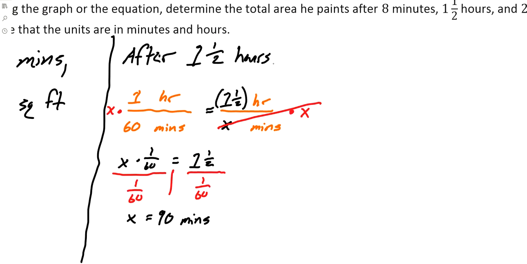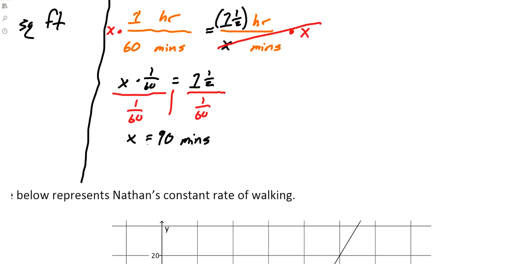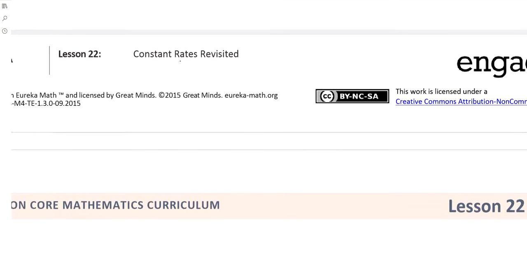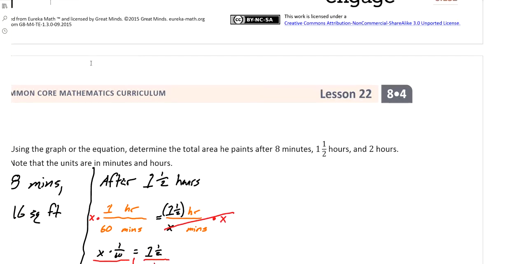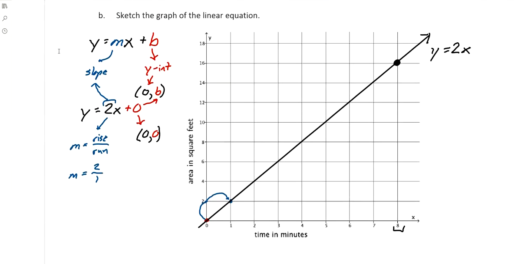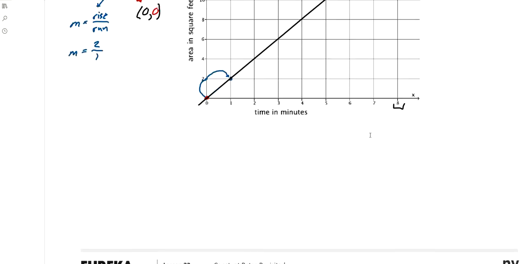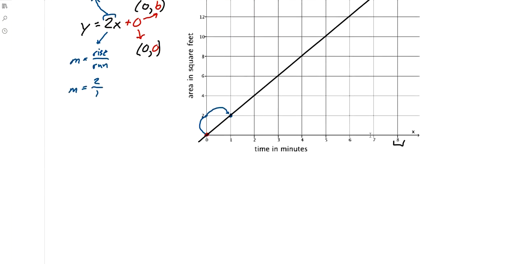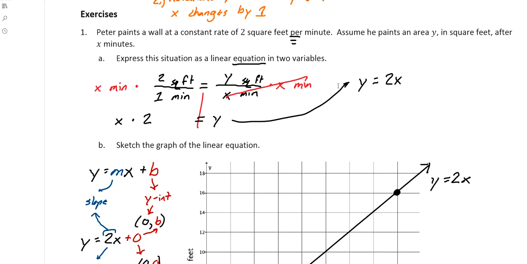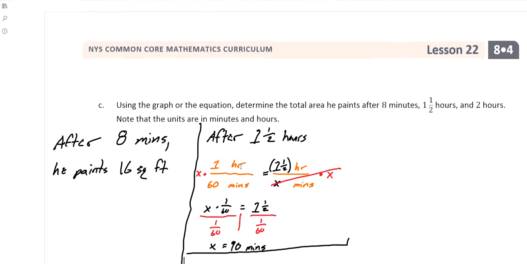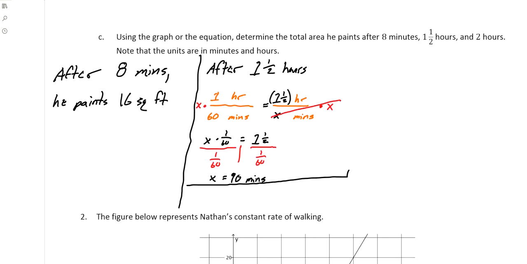So after 1.5 hours, let's keep going with this. This is where I want to use the equation. The equation we came up with was y equals 2x, where y stands for the area in square feet and x stands for the number of minutes. So now that we have x equals 90 minutes, we can just use our equation. y equals 2x.